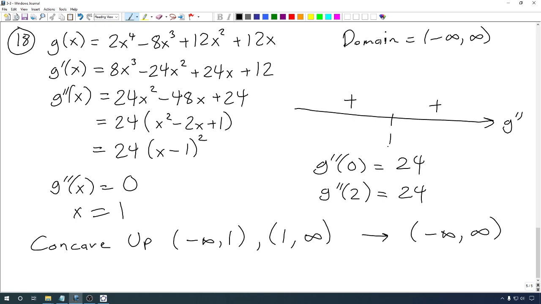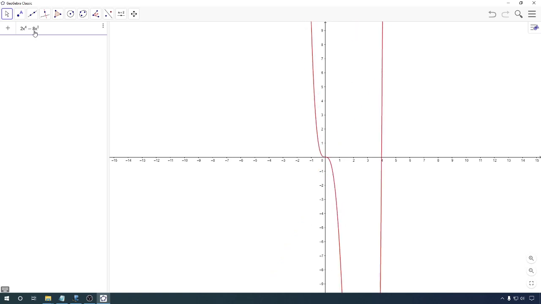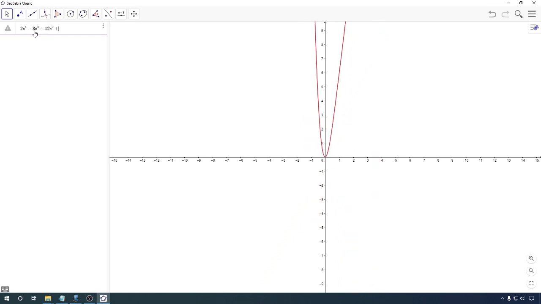Now let's take a look at this particular function and see why the concavity was the way it was. So remember, our function was 2 times x to the 4th minus 8x cubed plus 12x squared plus 12x. We get this function here.